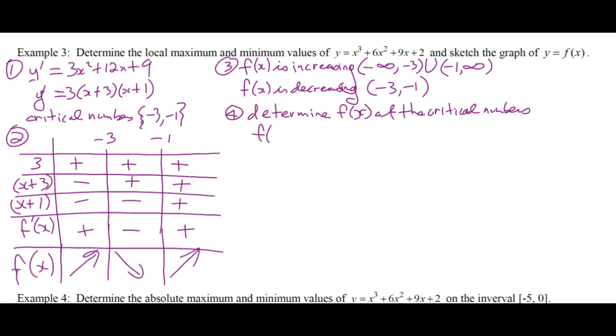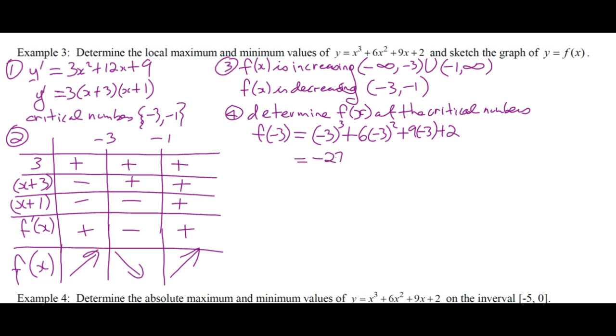Okay, so we need f of -3, which is -3 quantity cubed. So make sure you're putting the -3 in brackets. Not that it matters when it's cubed, but it does matter for the next term. Plus 6 times -3 quantity squared plus 9 times the quantity -3 plus 2.